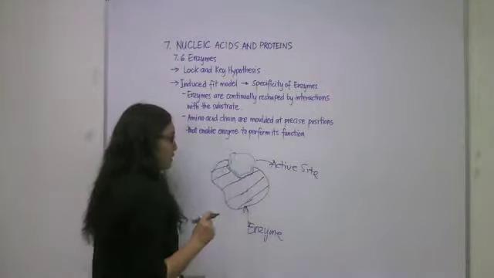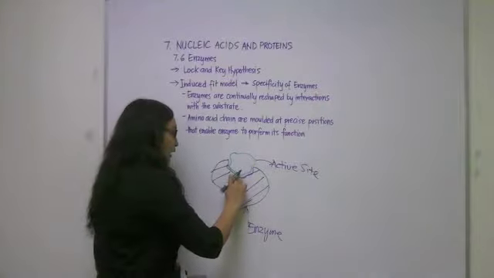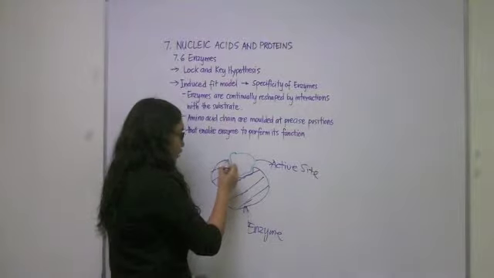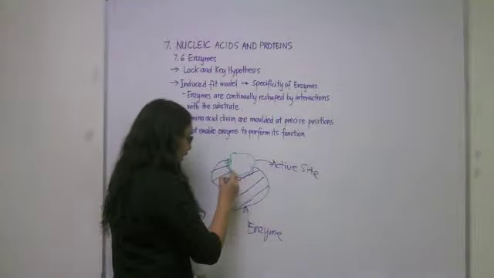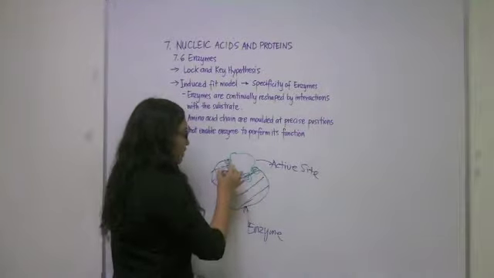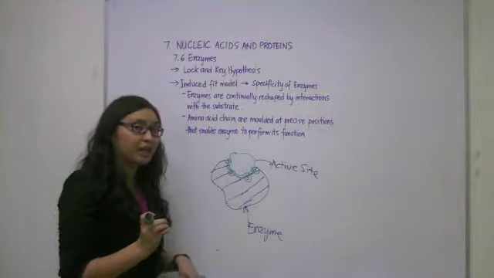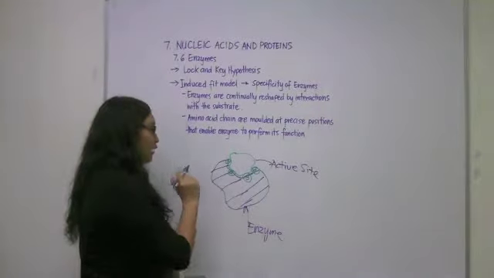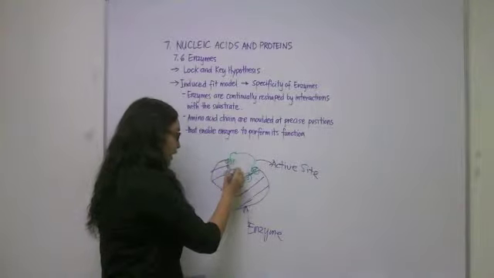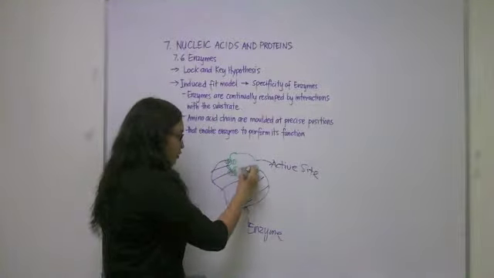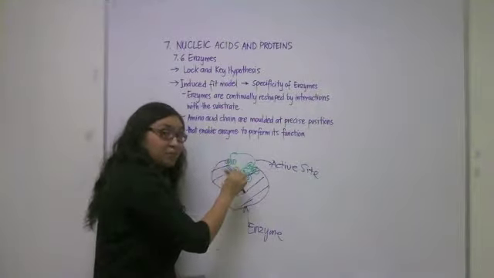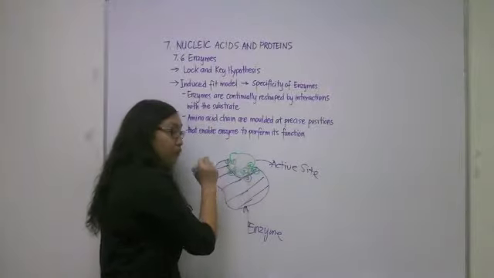Okay, so for example, this is the substrate binding onto the active site. There should be points here, amino acid residues, that should match. These amino acid residues are continually being reshaped and moved along the way, so that whenever the amino acid residues match all together with the substrate, the bonds that are holding the substrate molecule together are going to be broken down.